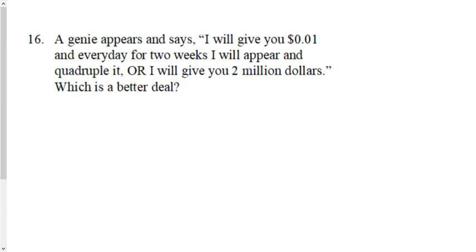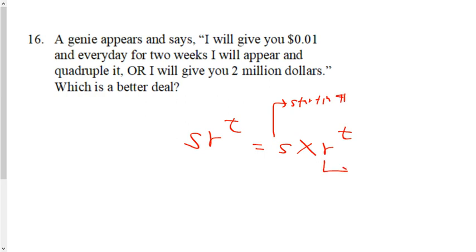I'm walking away. Your formula is SRT, or S multiplied by R to the exponent of T. Okay, if you want to think of it differently. And what this means is S represents your starting number. R represents the rate of change.